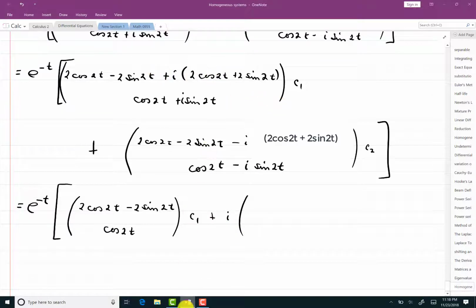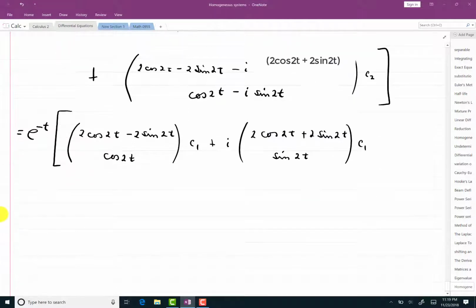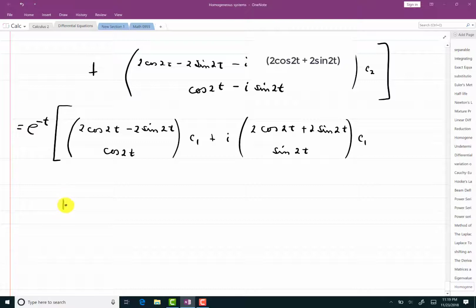Now I have 2 cosine of 2t plus 2 sine of 2t. And in the bottom part, I'll have sine of 2t. And that's attached also to C1. I'll do the same for the second vector.